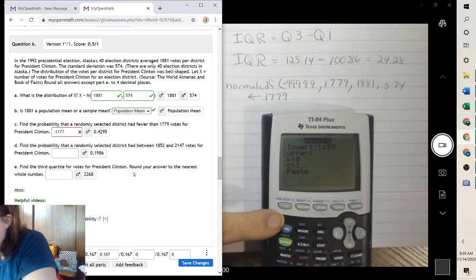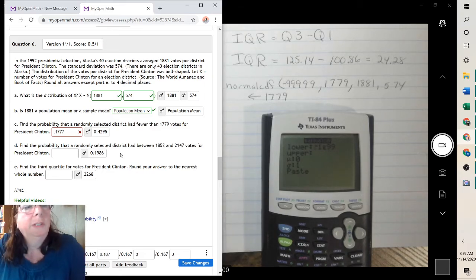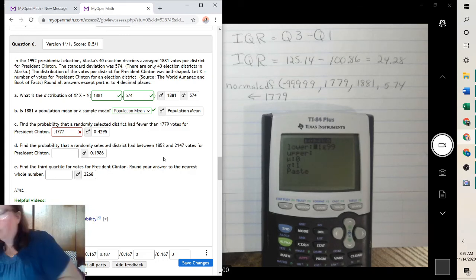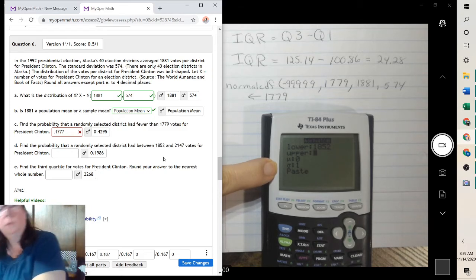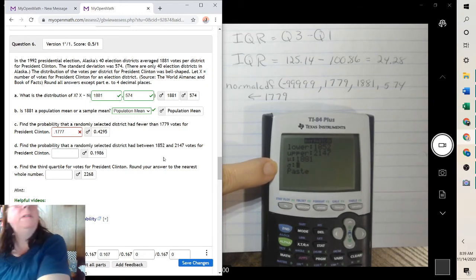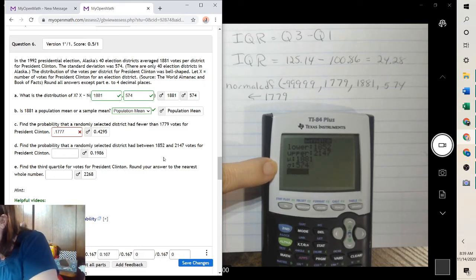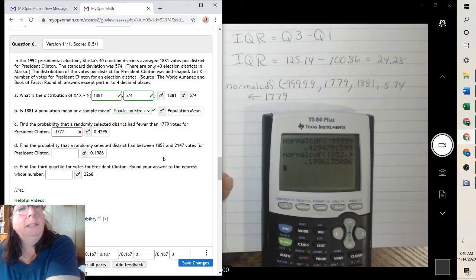We're finding the percent in part D between 1852. So our lower is 1852 and our upper is 2147. Mean was 1881. Standard deviation 574. And there you go. 1986.